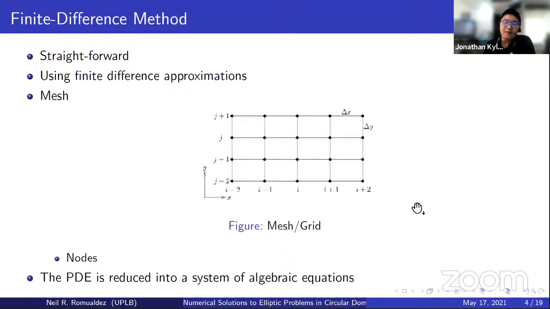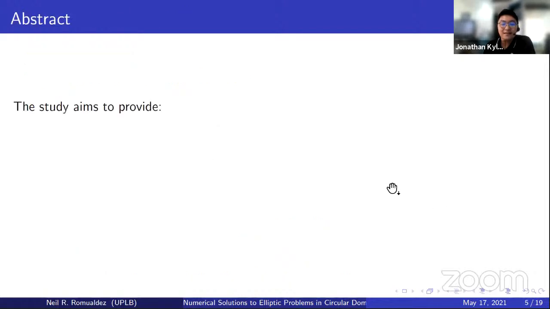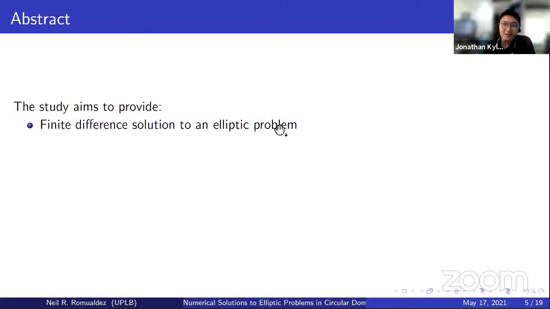So the applications of finite difference method are in line with applications of PDEs. So those include more on applications in physics and engineering. And one example is heat conduction also, which models in different geometries and shapes such as circular shapes and spherical shapes. For his study, he does the finite difference solution to an elliptic problem. The elliptic problem pertains to the characteristic of the PDE.